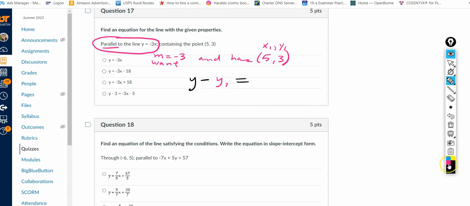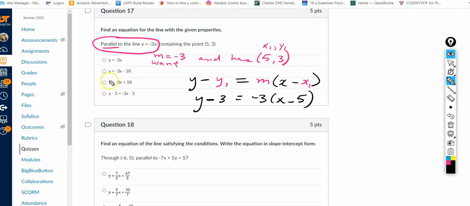I think all these formulas were in Lab 11 instructions, is equal to the slope times x minus x1. Okay, and then I'm going to fill in the bits. So I'm going to have y minus 3 is equal to the slope times x minus 5.